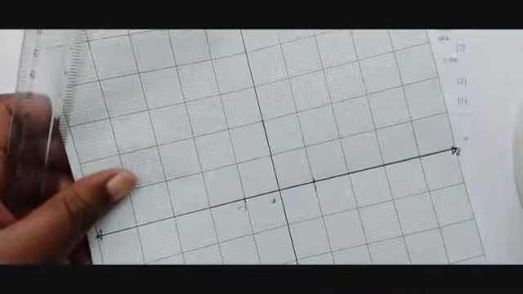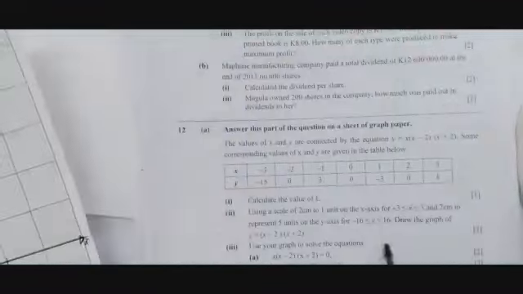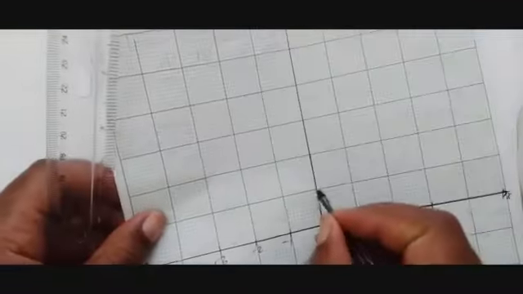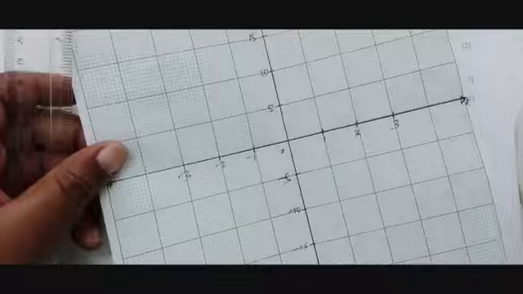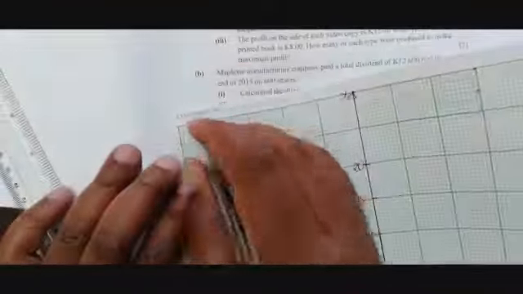So we have 1, 2, 3. Then the y-axis is the 2 to 5. So here we have like 5, that one will be 10. Negative 5, this one will be negative 10. So we have up to 20, even this one. Then you've seen the space that we have here.